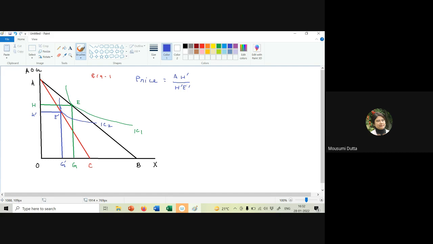We want to find out the slope of AC, so perpendicular by base of the triangle AH prime E prime we are considering. Perpendicular is AH prime divided by the base H prime E prime. Everybody got this? Yes, ma'am. Within bracket, please add reference, REF. Reference is the triangle AH prime E prime.